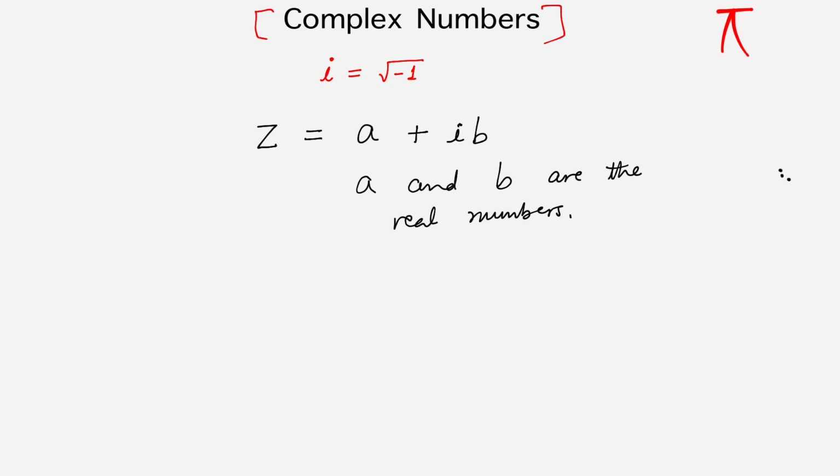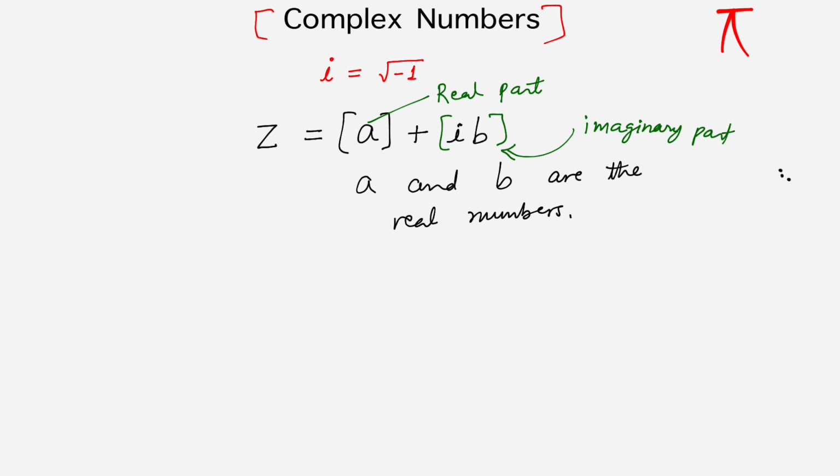As you can see, the real number A has no i multiplied to it. We call this part of the complex number the real part. And then we have another part of this complex number which includes iota, and we call this part the imaginary part. And any number can be written in this form.